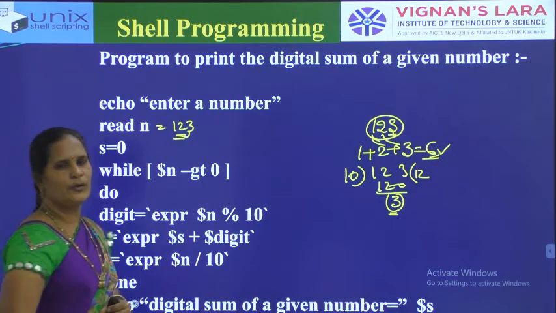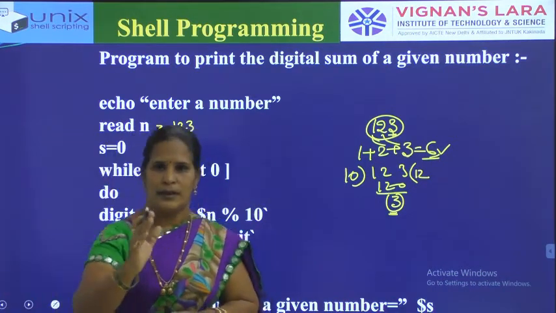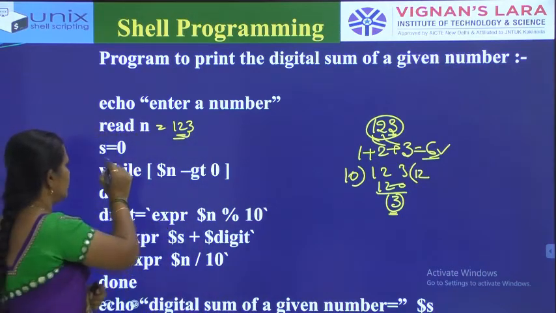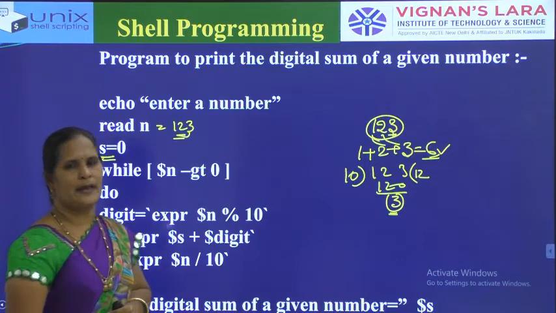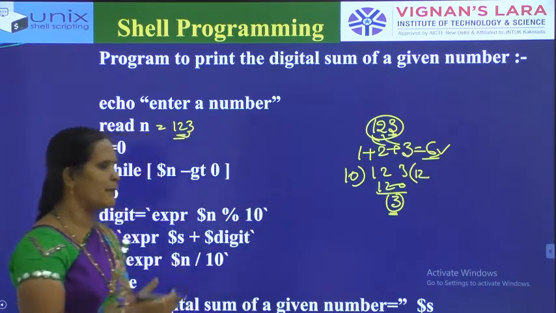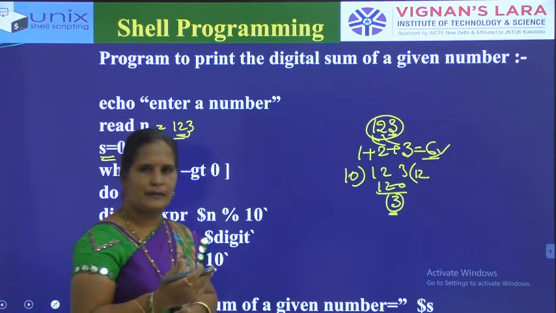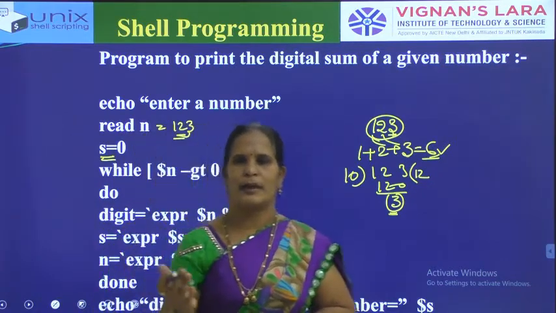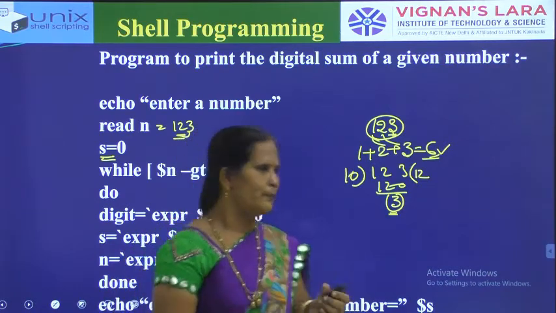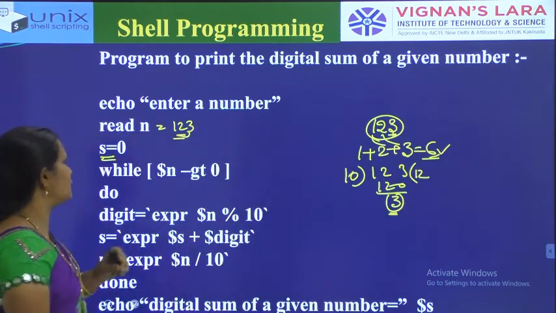We want to find the sum of individual digits 1 plus 2 plus 3. For this I took one variable, s, and I initialized s with 0. For a sum you have to initialize the variable with 0, whereas for multiplication we initialize that variable with 1. So s is equal to 0.